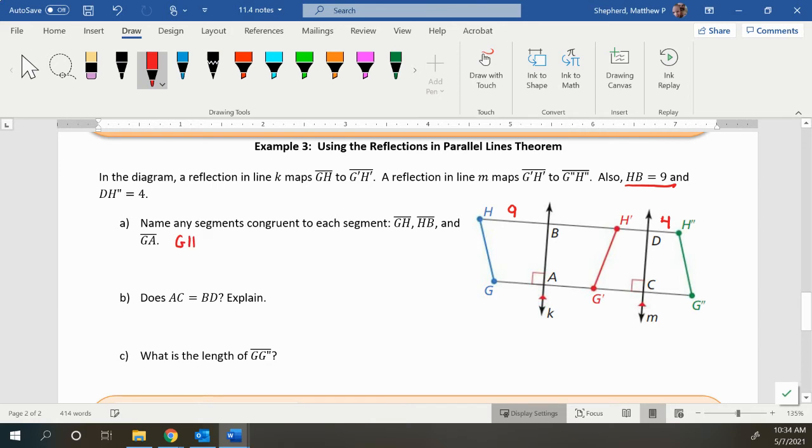So GH will also be congruent to G prime H prime because they are reflections, which is also going to be congruent to G double prime H double prime.